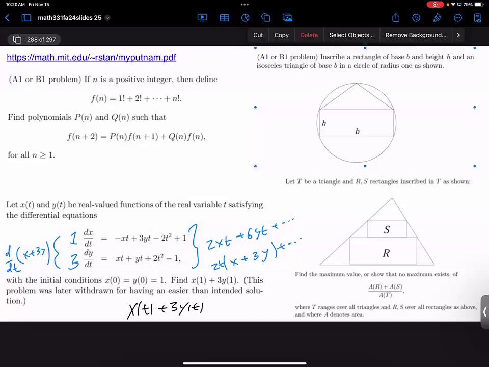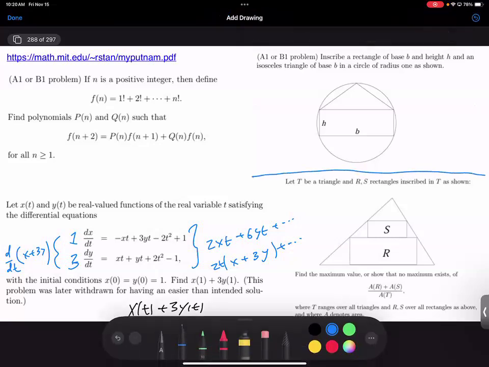So I'm sorry. Inside the upper. I'm sorry. Maybe this triangle T is somewhat inside the. Oh no, I'm sorry. Sorry, this part over here is for the next problem. Okay. So for the top one, what do you think the problem is?